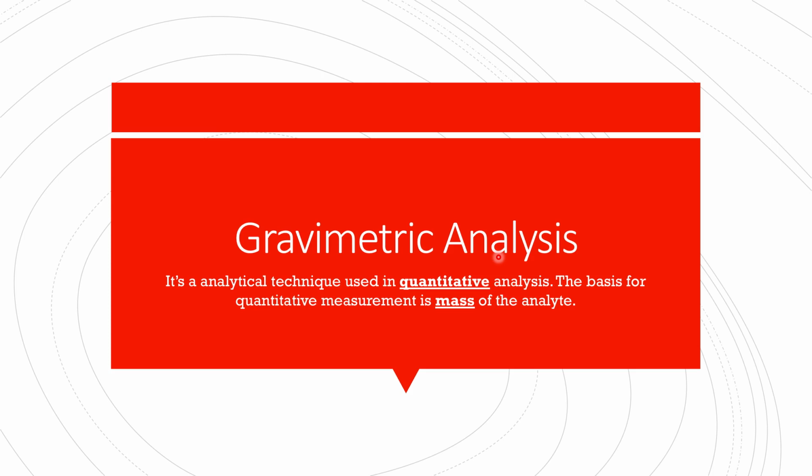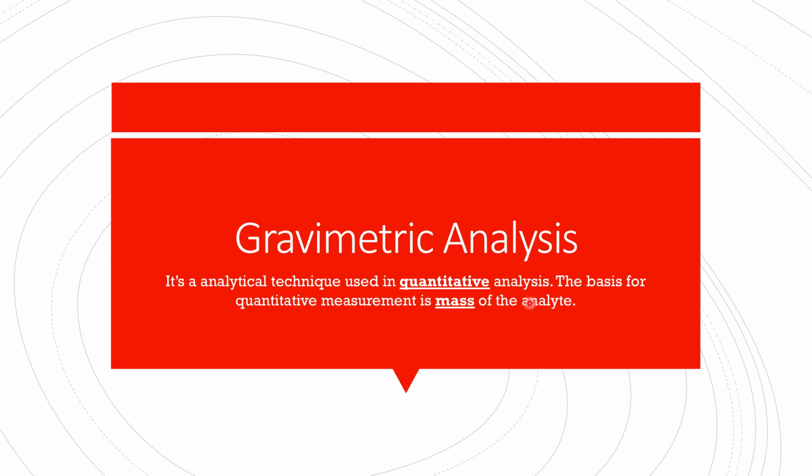In the last topic, we are now going to look into the quantitative aspect of analytical chemistry. One of the important techniques that we use, apart from the titrations that you have already done in your practical classes, is gravimetric analysis.